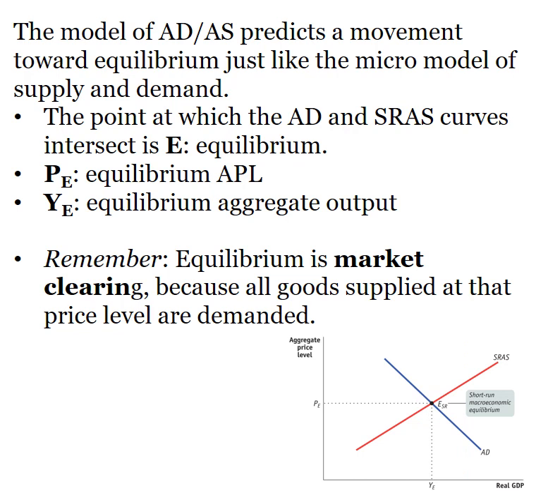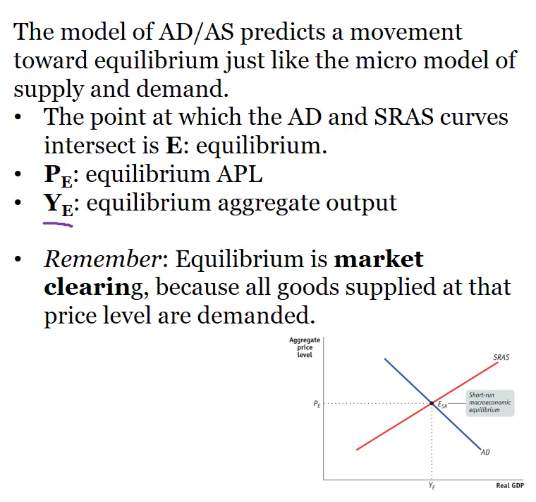When you are labeling the models, you only have to label it E, but sometimes there will be a question that just asks, is the current equilibrium a short run equilibrium point or is it a long run equilibrium? Regardless of where equilibrium is, where it intersects with the price axis will be PE, equilibrium level of the aggregate price level. And then YE, Y here is aggregate output or real GDP, and this is the equilibrium level of output.